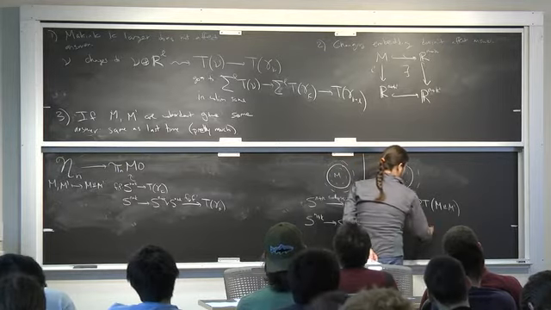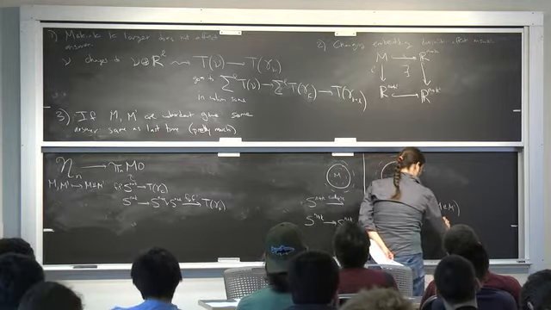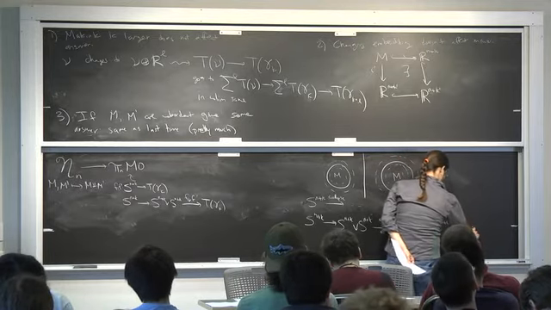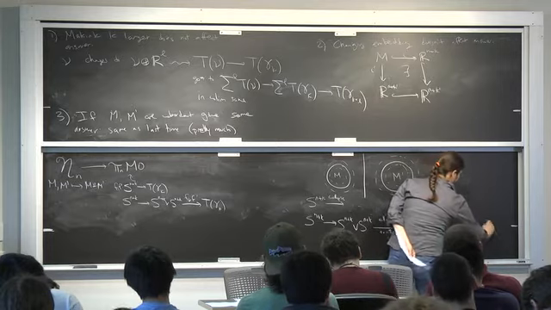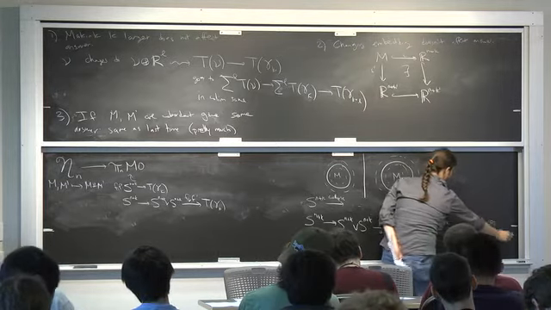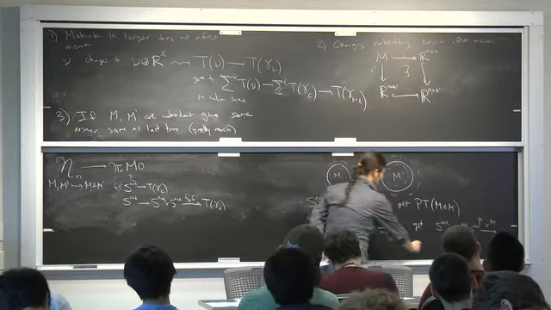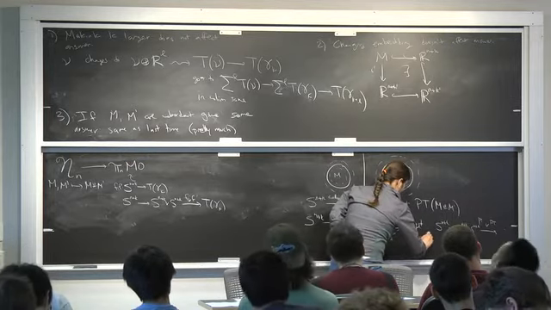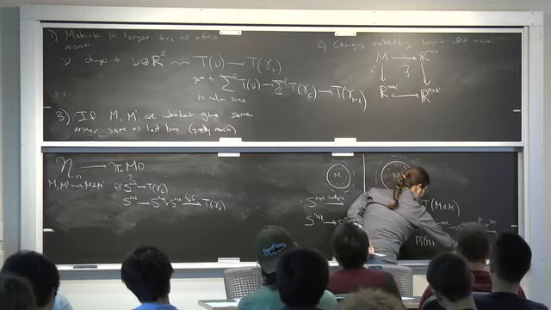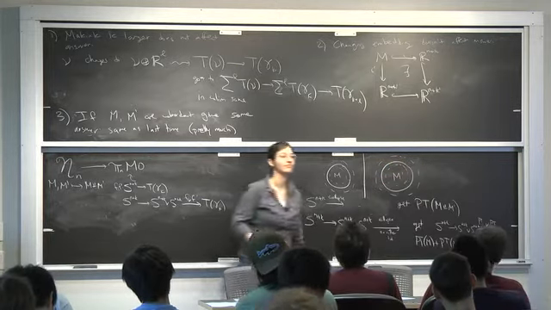This gives you the pinch map, and then you get the sum of the two Pontryagin-Thom construction maps: the Pontryagin-Thom construction of M plus the Pontryagin-Thom construction of M prime.